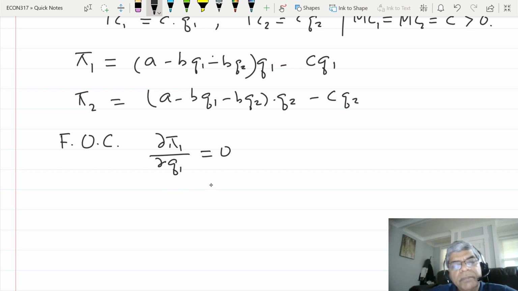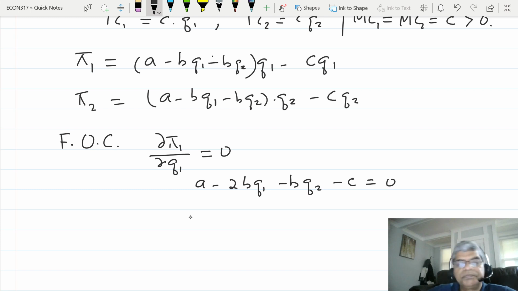This gives me, if we look at the profit function above, A minus 2BQ1 minus BQ2 minus C equal to 0.